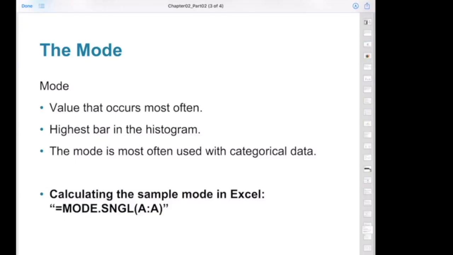Okay, and sometimes you have more than two peaks. You have three or four. So in this case, also you have three or four modes. Okay, and sometimes you don't have a mode at all. If the distribution is flat, so there is no peak, there is no mode in this case.